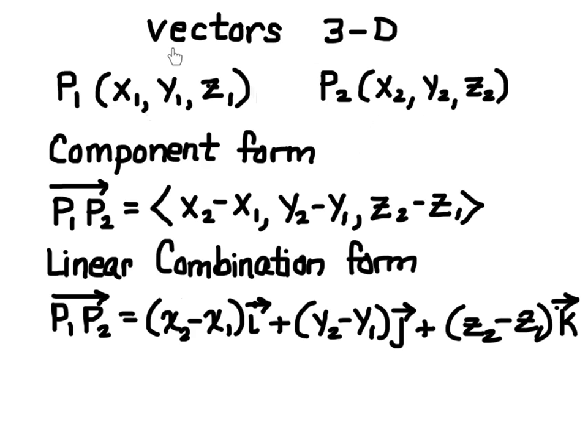So here we have our vector in 3D from point 1 to point 2. We've got our component form and our linear combination form. Two ways of writing out a vector in three-dimensional space.